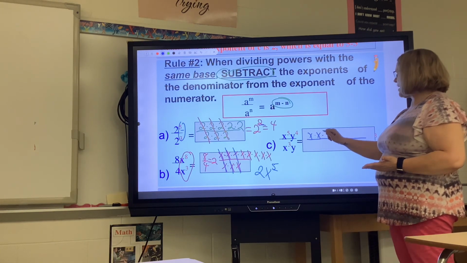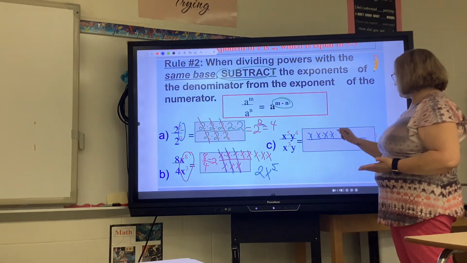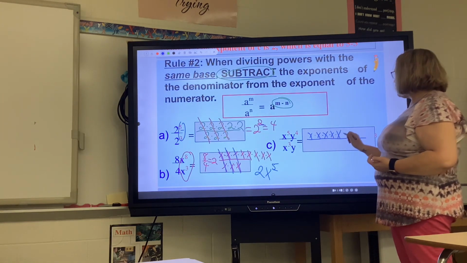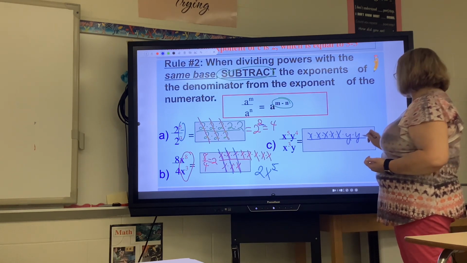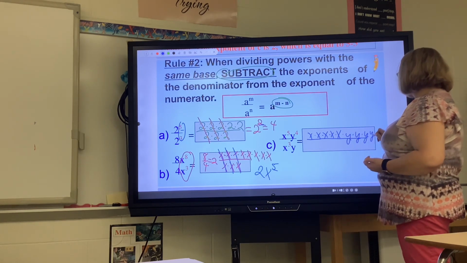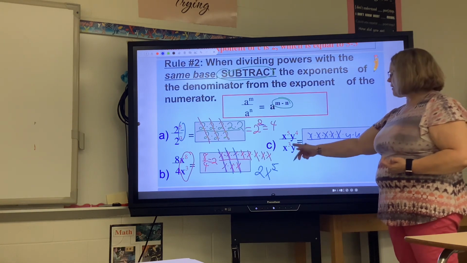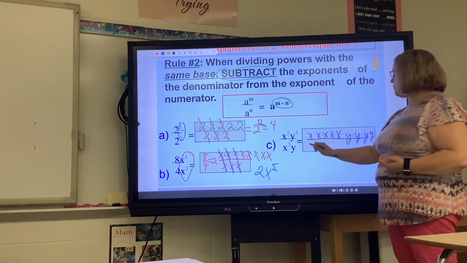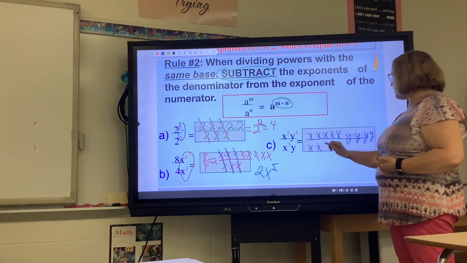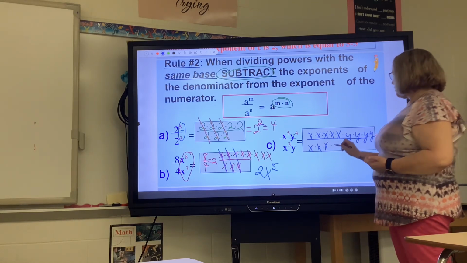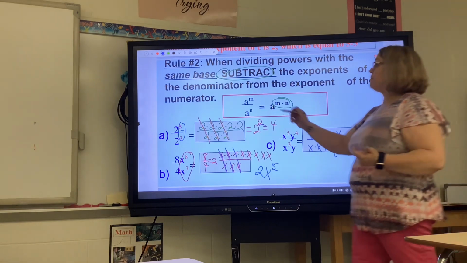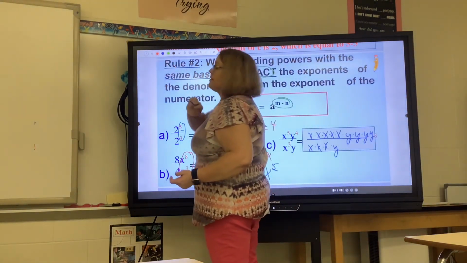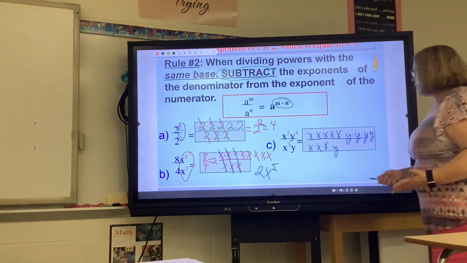So x times x, 5 x's multiplied times 4 y's multiplied, to give us y to the fourth power. On the bottom, x to the third power, which is 3 x's multiplied together, and 1 y. Now I can do my canceling if it equals 1.